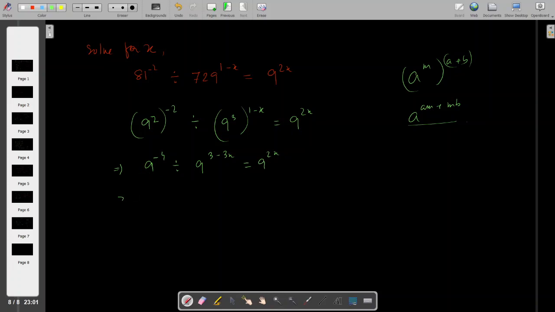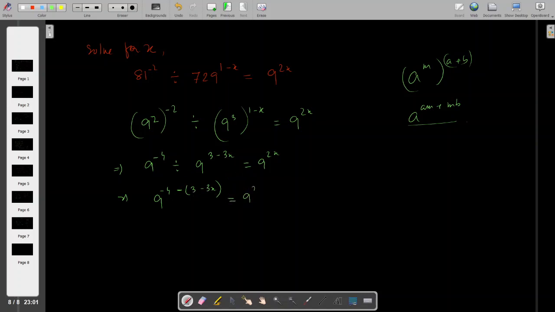Now let's solve this part. Here there is a divide sign, so it will be minus 4. Now there will be a minus sign in between, then I'll put a bracket since there are two terms, minus 3 minus 3x. Okay guys, please be attentive with this. When there is a divide we always subtract, so this minus sign I will bring here, and the powers I'll keep as they are, and since there are two terms I'll give a bracket, because there will be a change of sign.